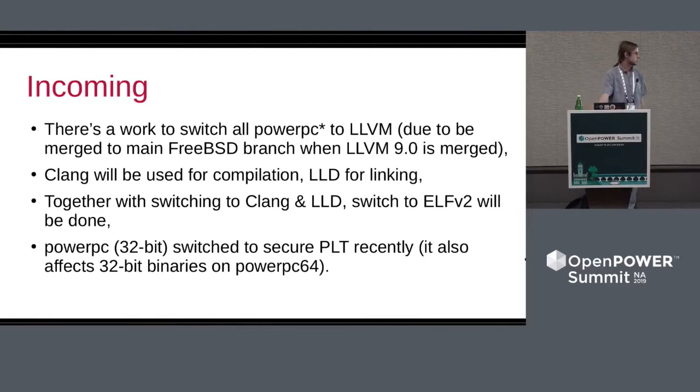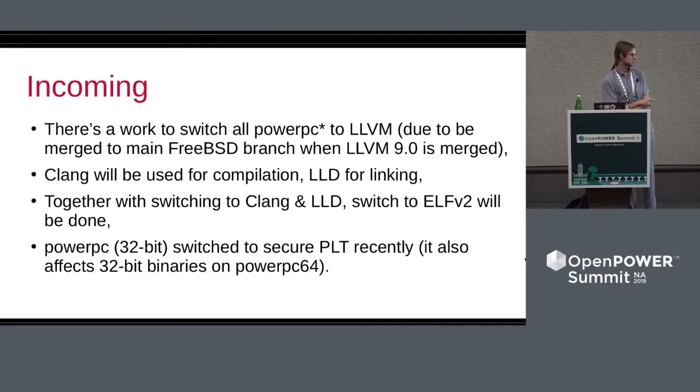And there's this work to switch all Power platforms to LLVM. It will probably happen next month when LLVM 9 is merged to FreeBSD. Clang will be used for compilation and LLD for linking. So we probably will remove GNU LD completely.